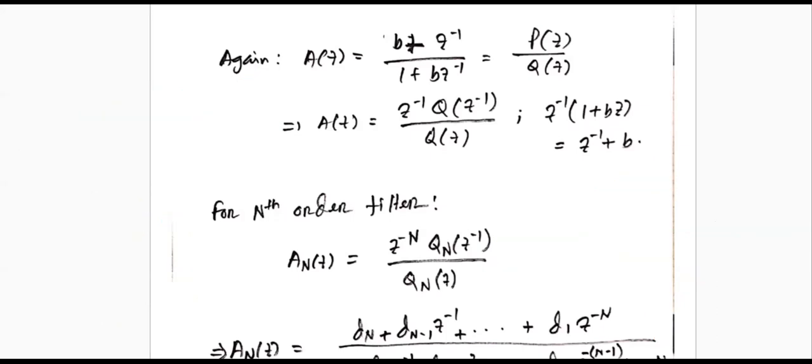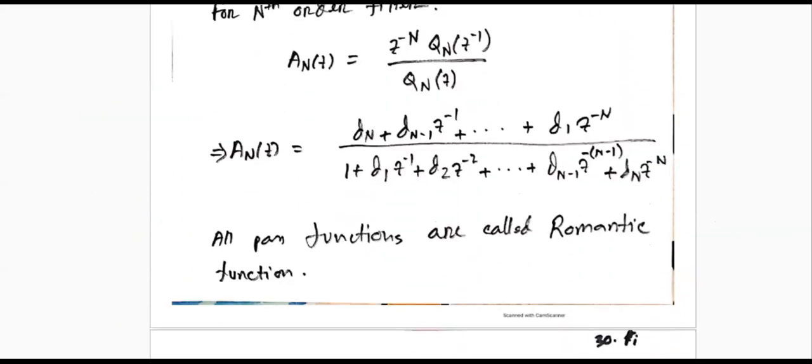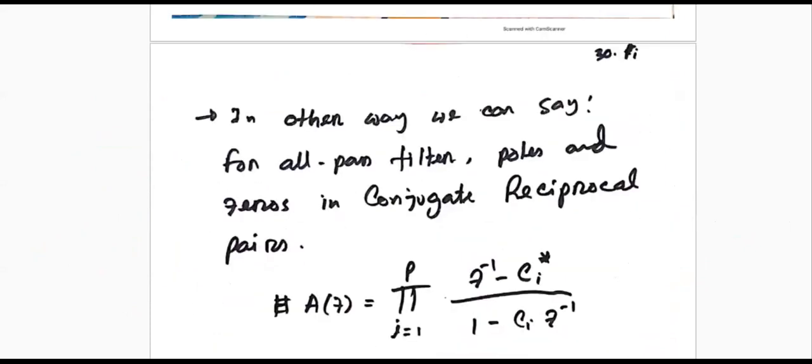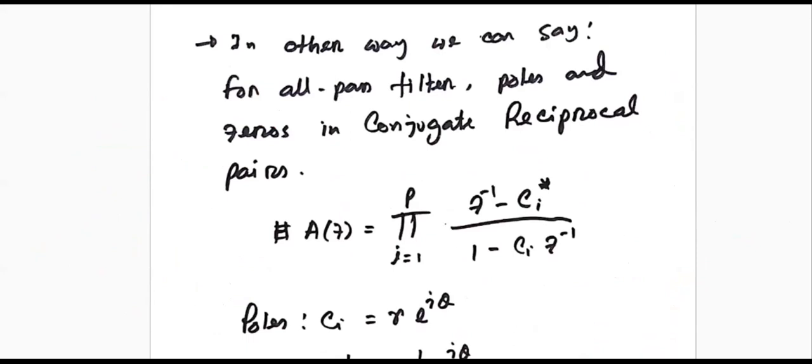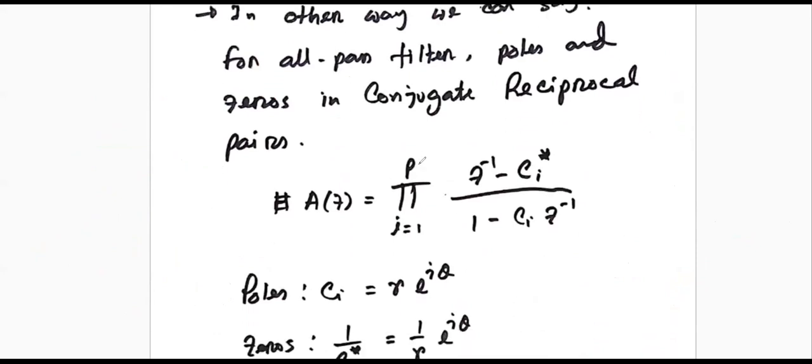We can also extend our discussion to complex poles as well. Whenever we have a complex pole, forget about this term. We have z to the power minus 1 minus c1, and the other one should be 1 minus c1 z to the power minus 1. We have already learned this thing. Here we are taking the conjugate of that.